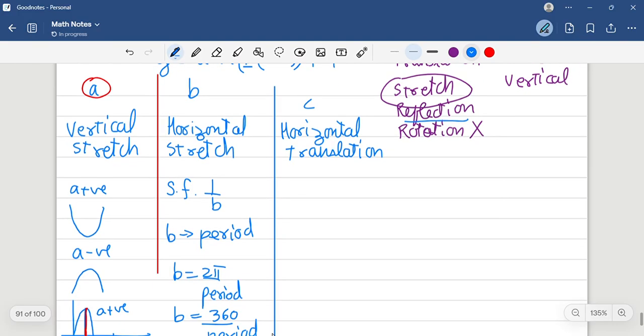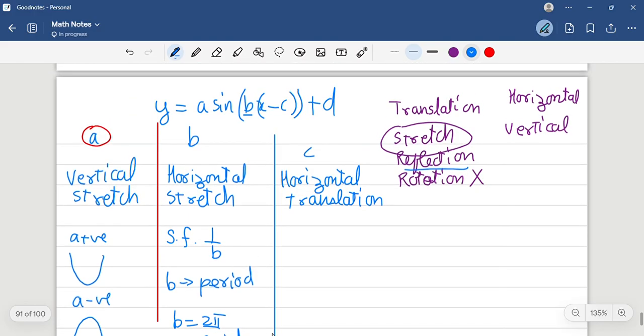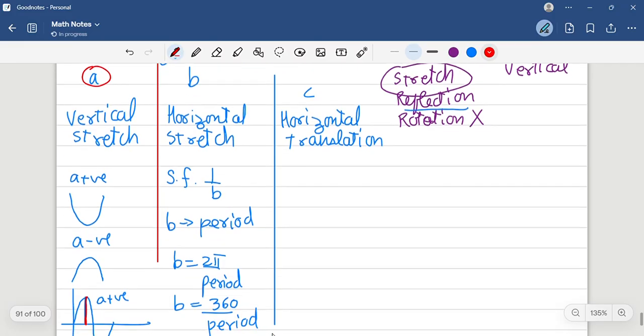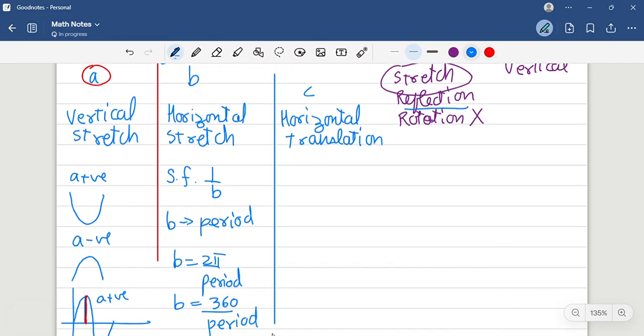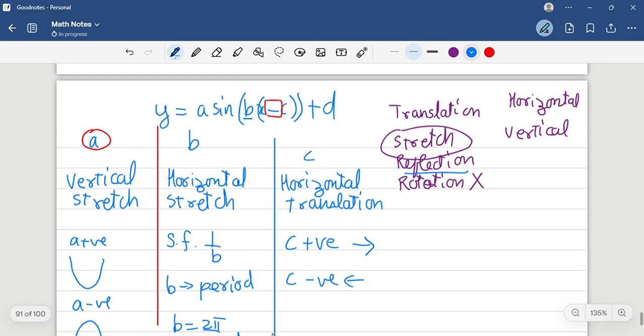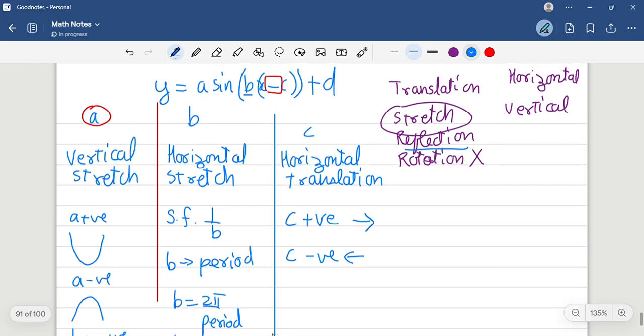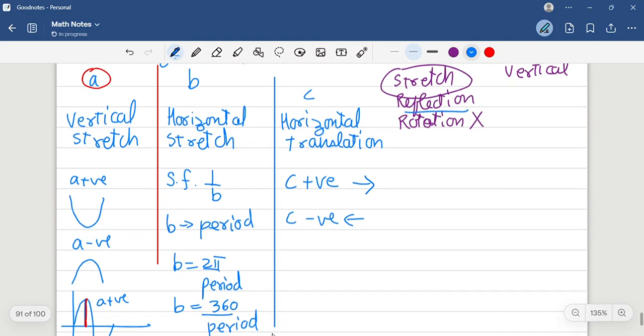When we talk about the horizontal translation, as it is already given that it is minus, as per the c value, if the c value is positive, then it will move to the right, and if the c value is negative, it will move to the left. All right, the best way to find the c value is right towards the end. Whenever you're finding the values of a, b, c, d from the graph that is given, you'll always find the c value last.